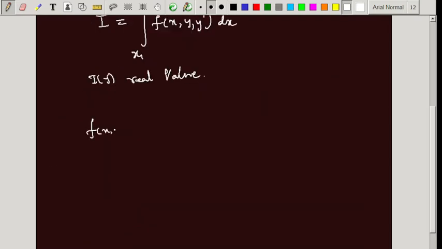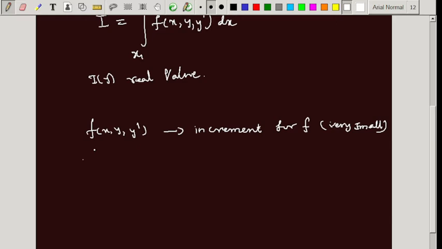F of x comma y dash. Then if we give an increment to f, the increment should be very small, then we can express the given function as f of x comma y plus h into alpha of x, and y dash can be written as y dash of x plus h into alpha dash of x.